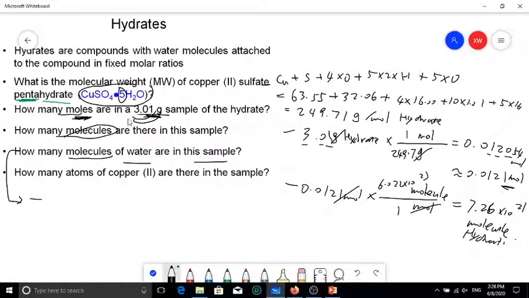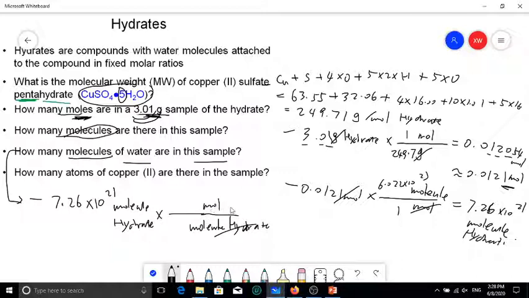So the conversion factor you can use here is the number of molecules of hydrate times a fraction, with molecules of hydrate down here, just as usual, and molecules of water on top. The relationship is that every one hydrate molecule has 5 water molecules. So basically it's 5 times that.